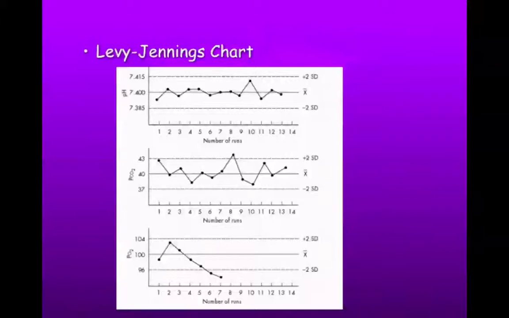Now if you go to the middle chart, we look at the PCO2 that we're measuring on this particular chart, and we'll notice that for the first several runs, it was within the range that was acceptable of 37 to 43. However, there's a lot of swinging going on. I mean, this would concern me because it's kind of all over the place.